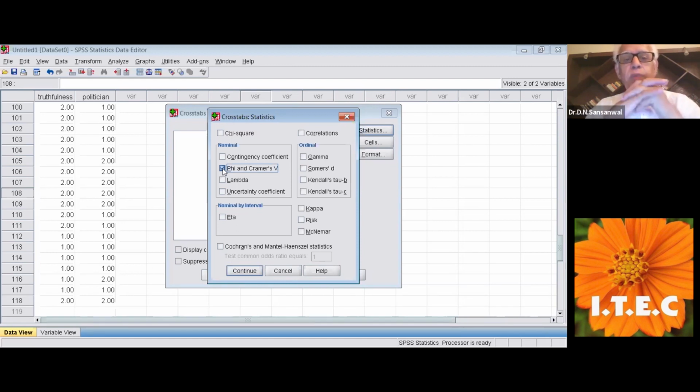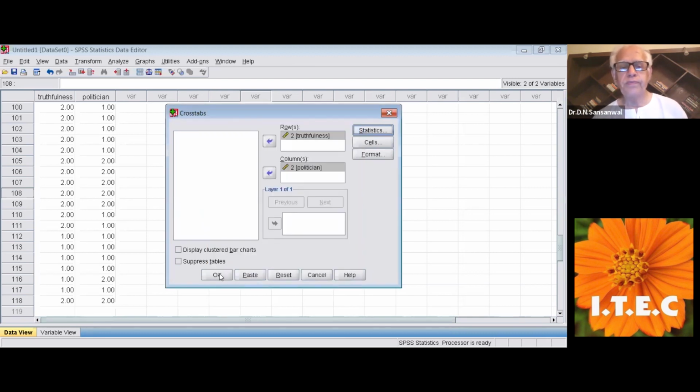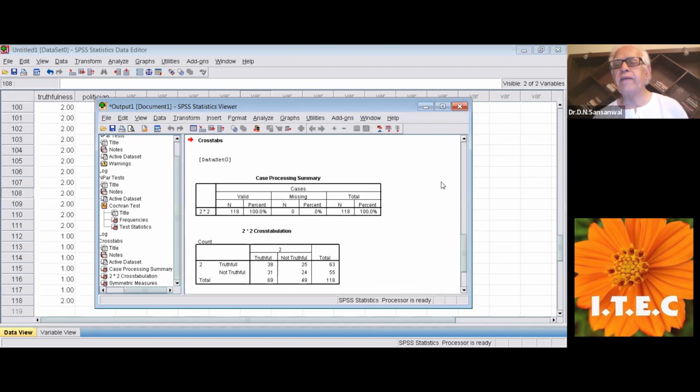So under nominal, there is phi and Cramer's V. Both will give you the same result, because in the package, it is both. So you click it here and you continue and you say, okay.